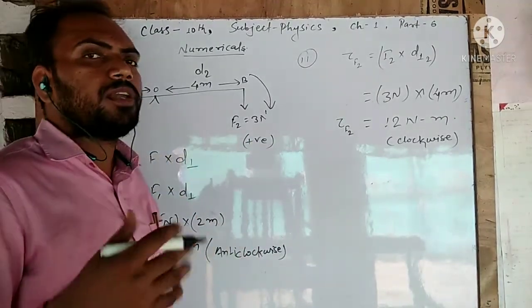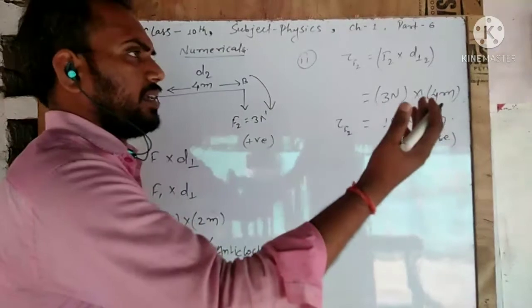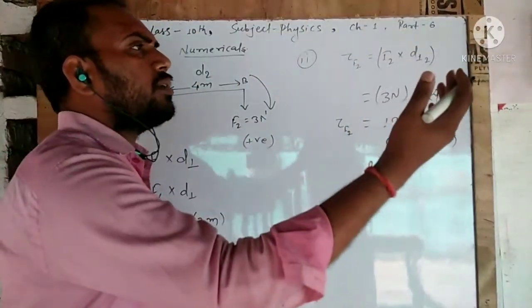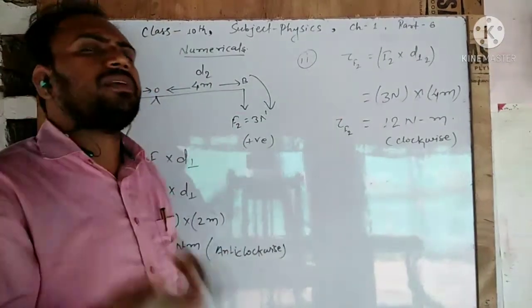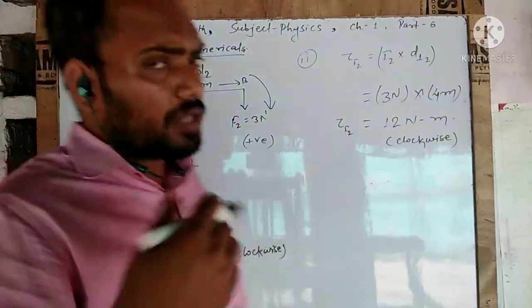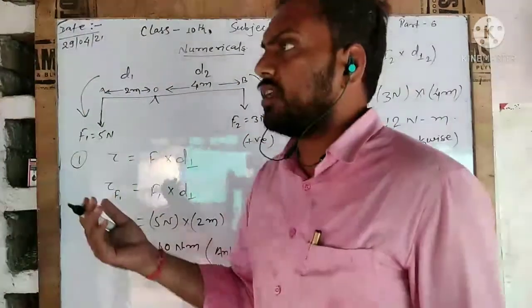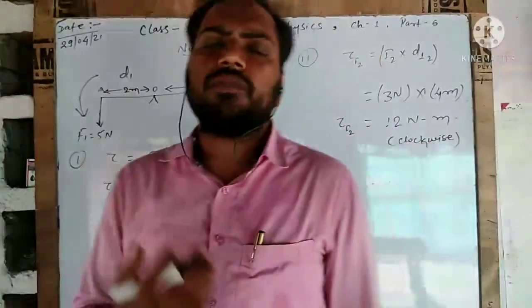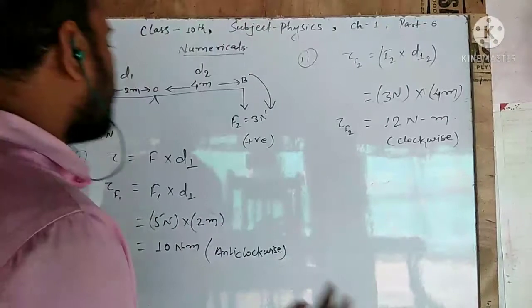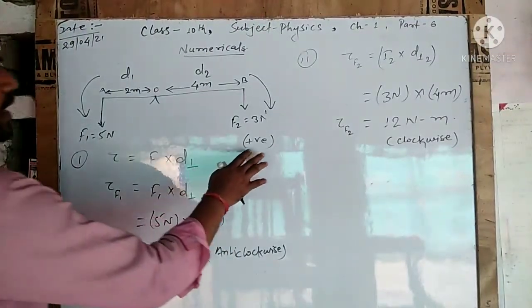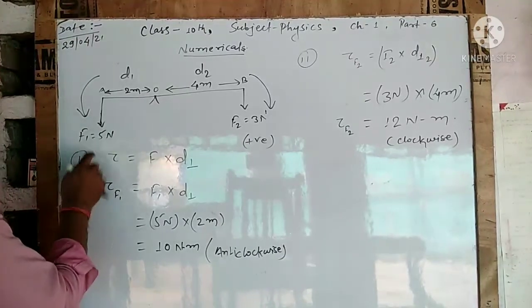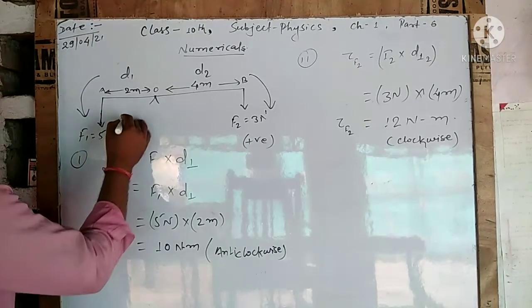If you are moving in the east direction, select east as positive, then west will be negative. If you select west as positive, east will be negative. In a similar way you have to select it.